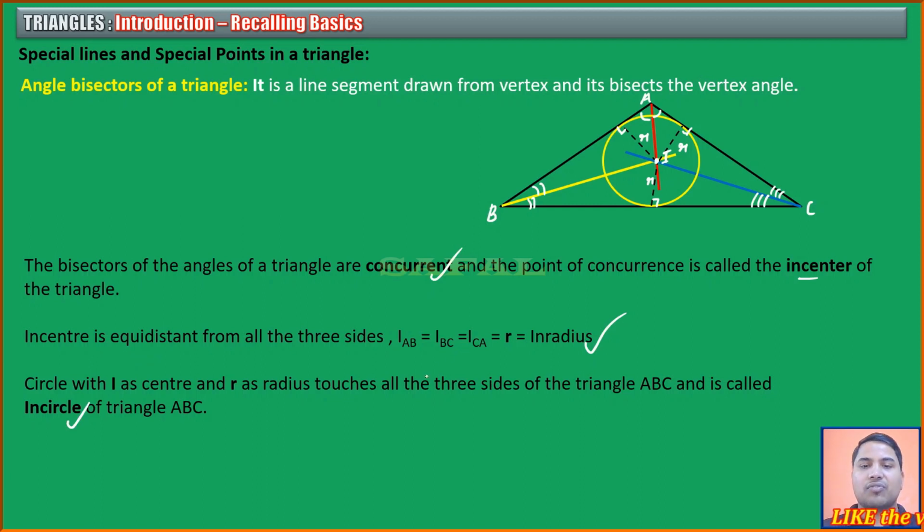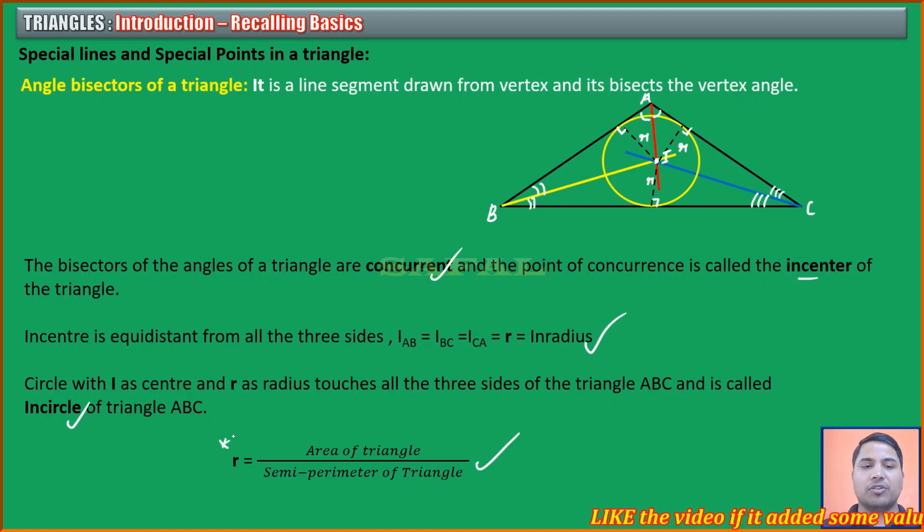And the formula for inradius you can keep in mind. It is given as area of triangle by semi-perimeter of triangle. So it's a very, very important note. Class 9th, some of you might have already studied. So angle bisectors are bisectors of angles of a triangle. They are concurrent at a point.